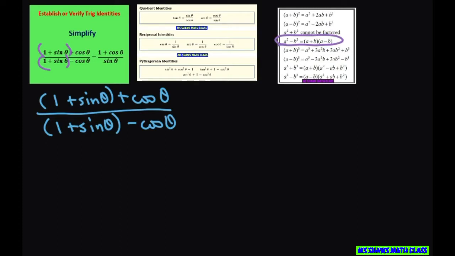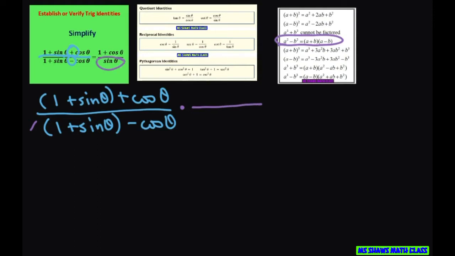You usually always multiply by the conjugate when you see this flip. The same thing, but you have a plus and a minus, basically. So we're going to multiply the denominator by the conjugate because we want to get sine here.